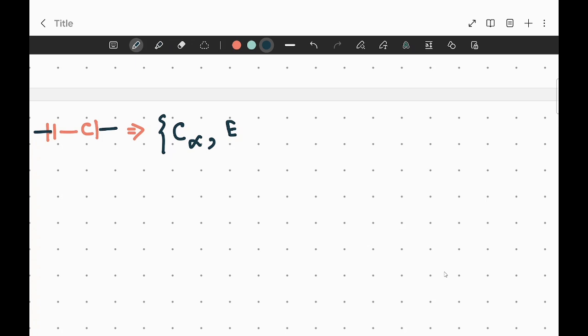Yes, C infinity v. So it is called C infinity v. And what is the order of the group here? The order of the group is 2, so sigma should be 1.